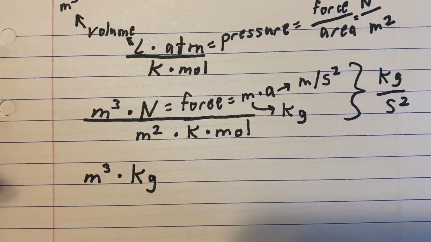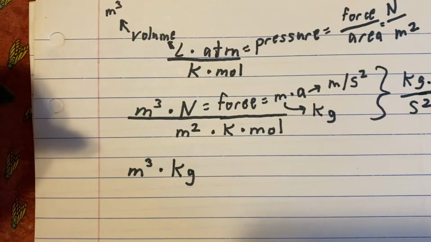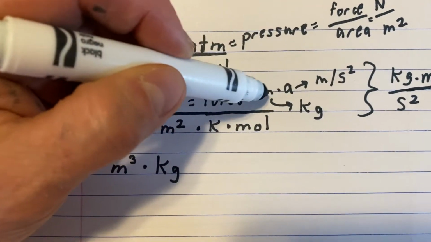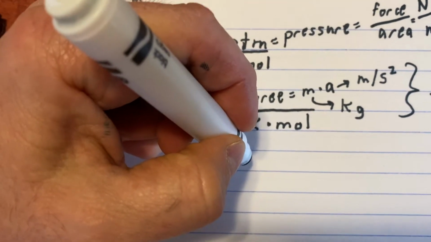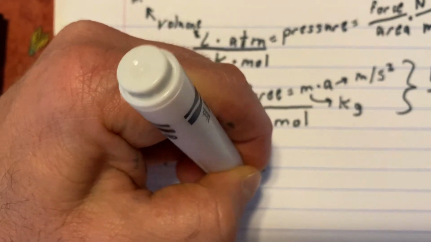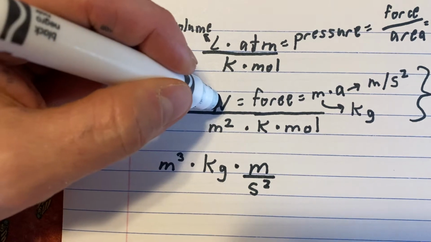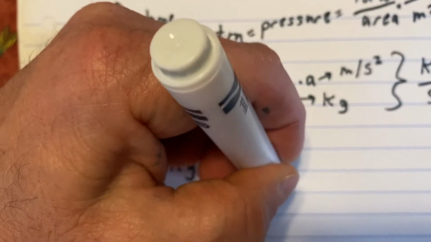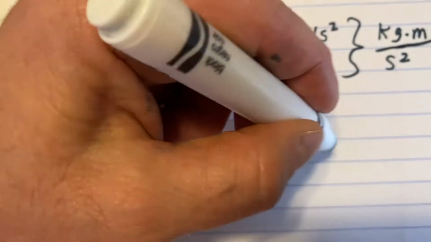My acceleration is meters per second squared, right? So that's everything on the top. Down here, I've got leftover, I still have squared meters. I've got Kelvin, and I've got moles.